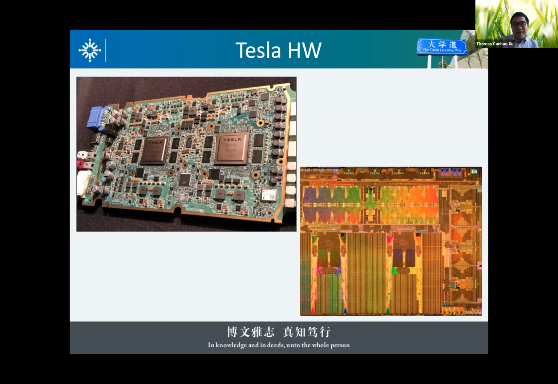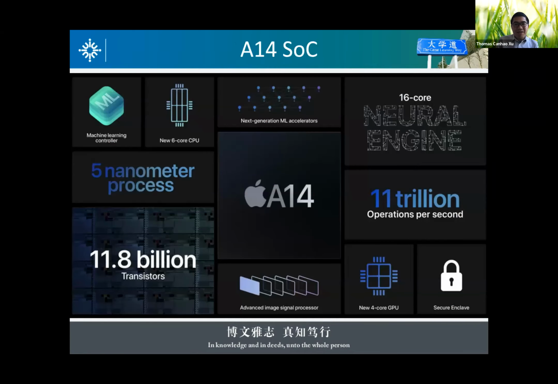It's still quite expensive, but an iPhone may be cheaper. You can find a pretty powerful processor in your iPhone. For example, it's only a few thousand Chinese yuan, and you can get an A14 processor. In the A14 processor, you already have a 16-core neural engine. This is basically a machine learning processor, the so-called neural engine.